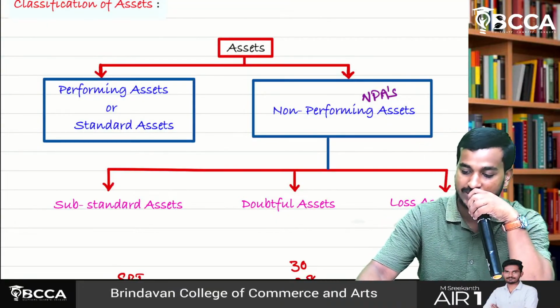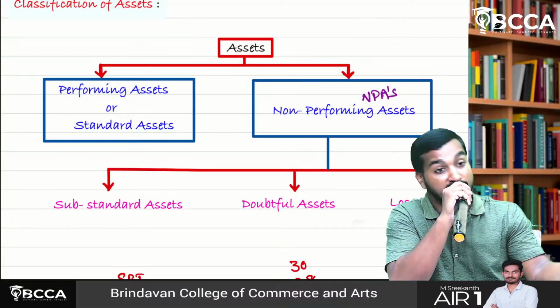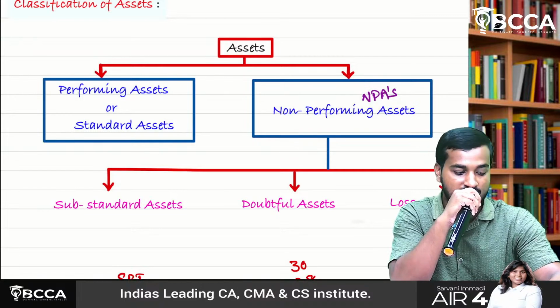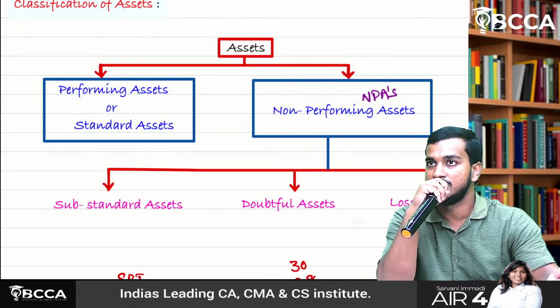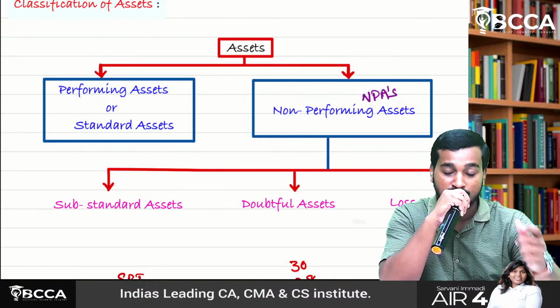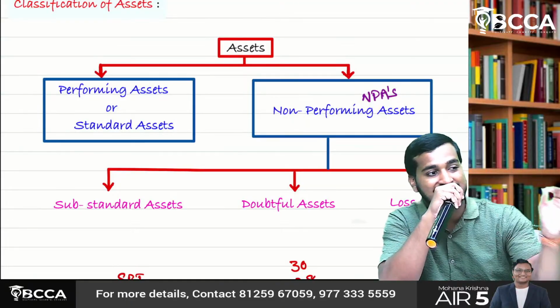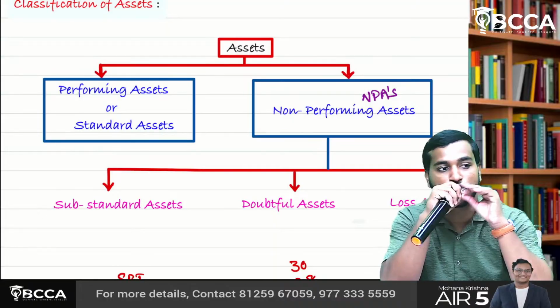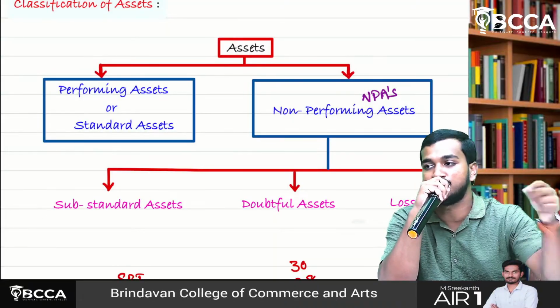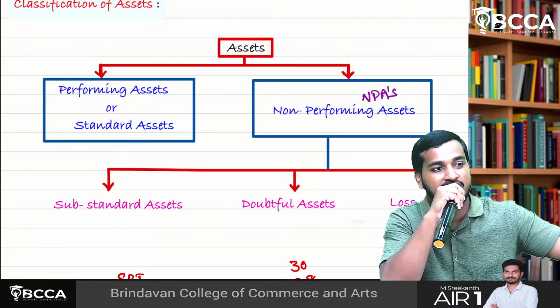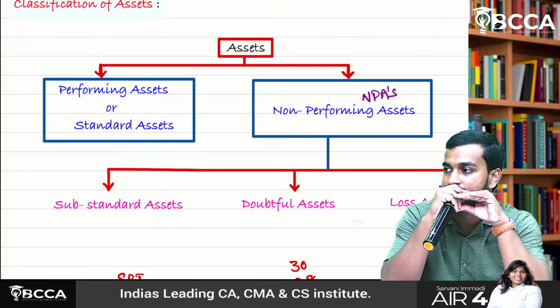Non-performing assets means overdue for more than 90 days. If you follow the business news, so many loans which were given to companies are written as NPAs. As per the Banking Act, they have to give some name, that's it.